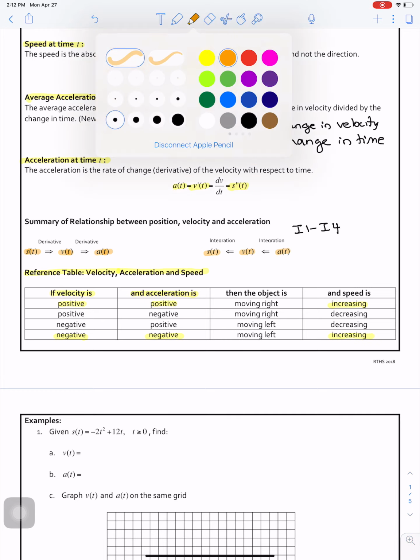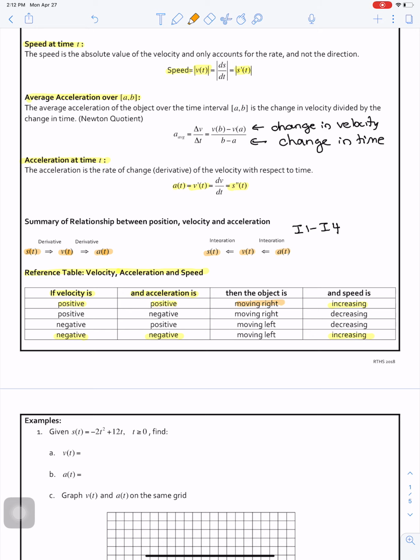The only difference is one particle is moving right and one is moving left. If my velocity and acceleration have opposite signs, one positive and one negative, my speed is decreasing in both scenarios, but one particle is moving right and one is moving left.